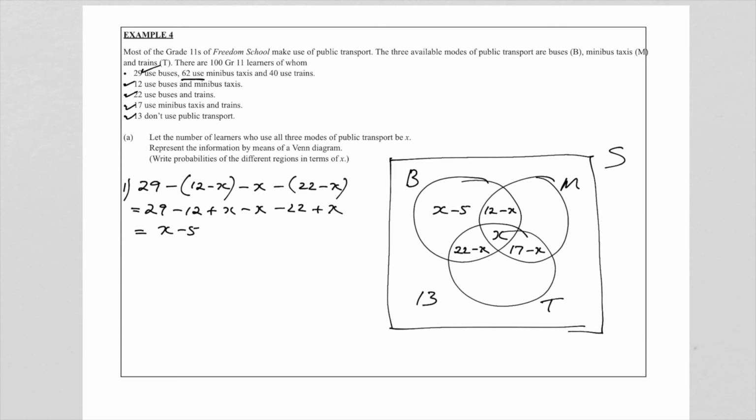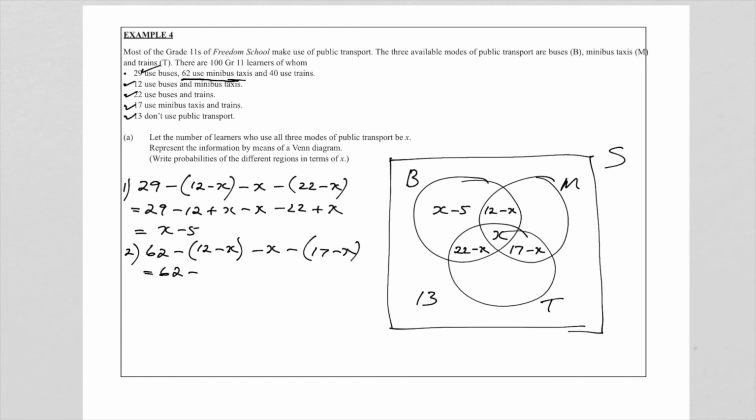So now we are going for the 62 minibus taxis. Now, minibus taxis is this whole thing, so we're going to repeat this. We're going to take that 62, subtract this x, and subtract the 17 minus x. So let's write that down. So the second one is 62, and I subtract 12 minus x. I subtract the x, and I subtract the 17 minus x.